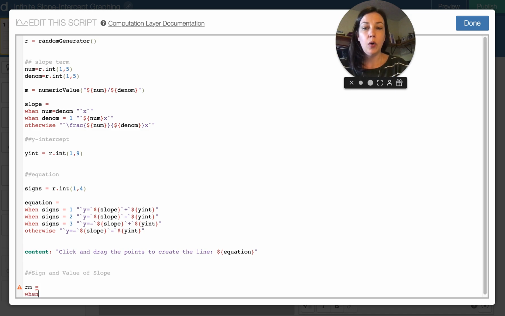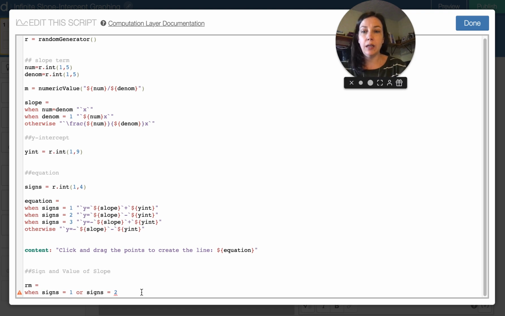So when signs equals 1 or signs equals 2. So remember with our slope, it was positive when this was 1 or 2. It was negative under options 3 and 4. Okay?